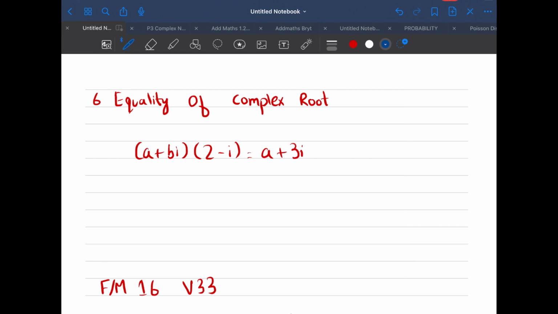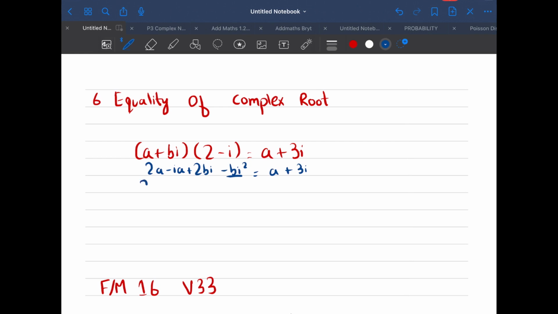First of all, expand this. 2 into a minus ia plus 2b iota minus bi square is equal to a plus 3i. Now, i square becomes minus 1.